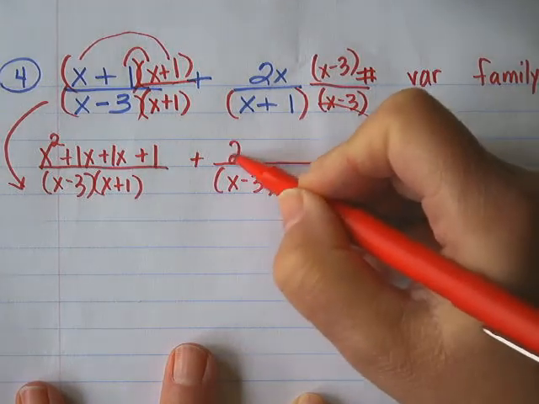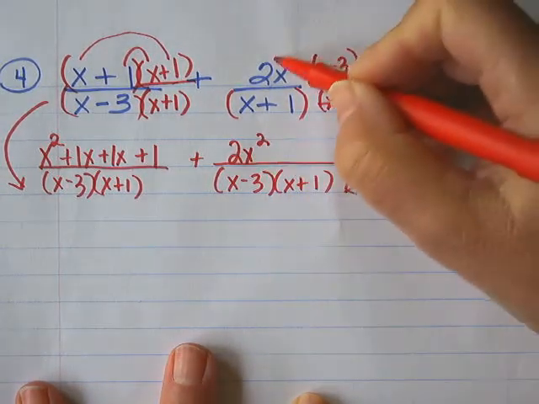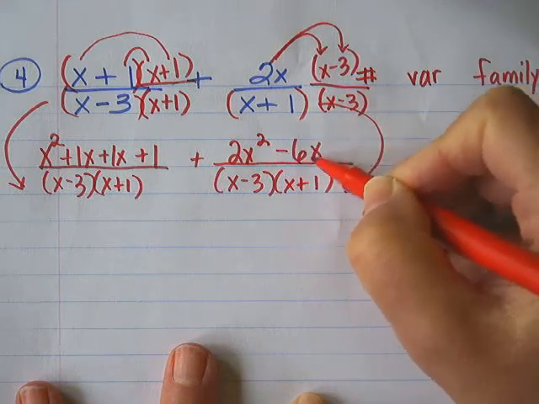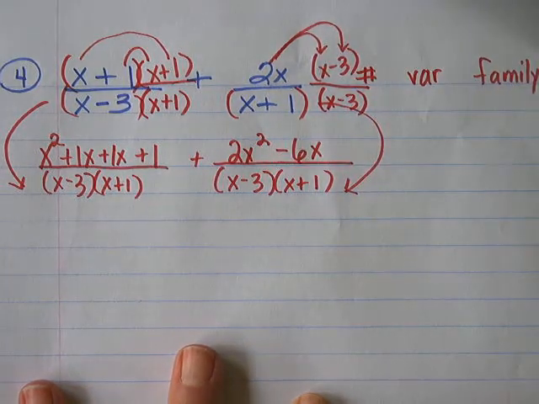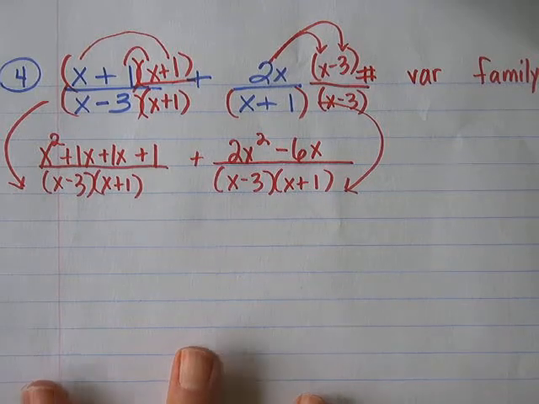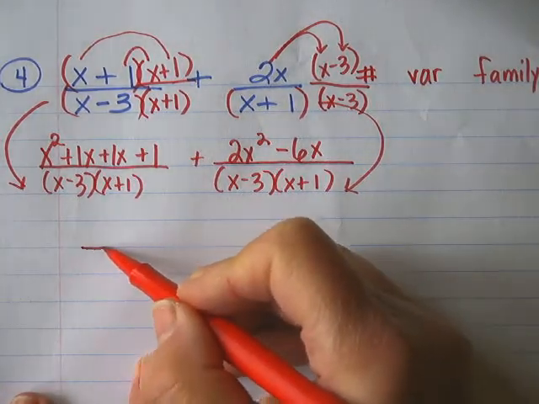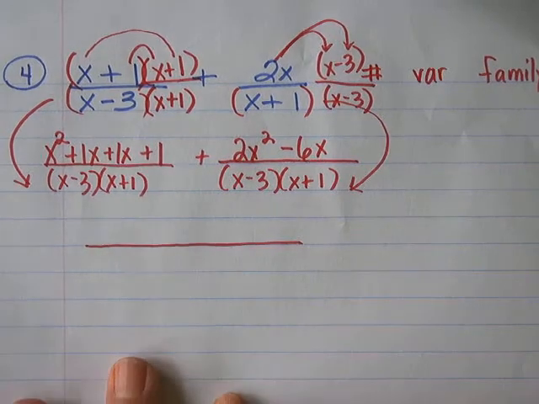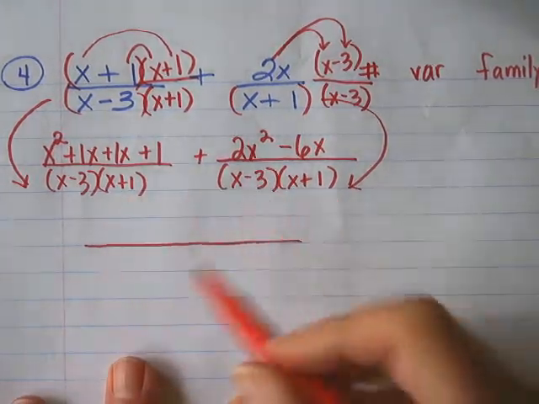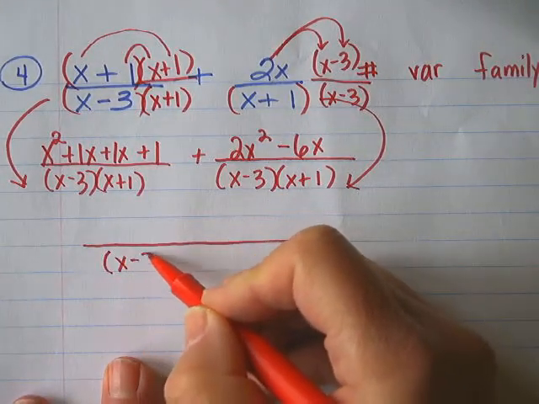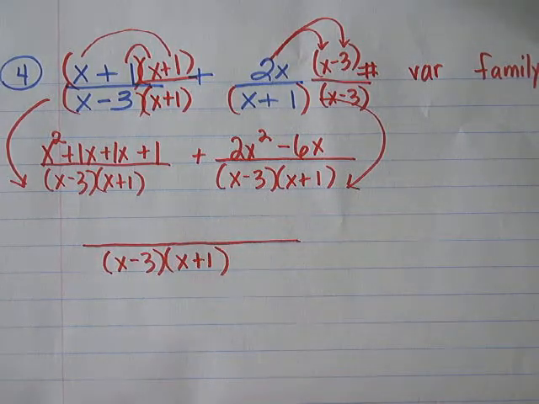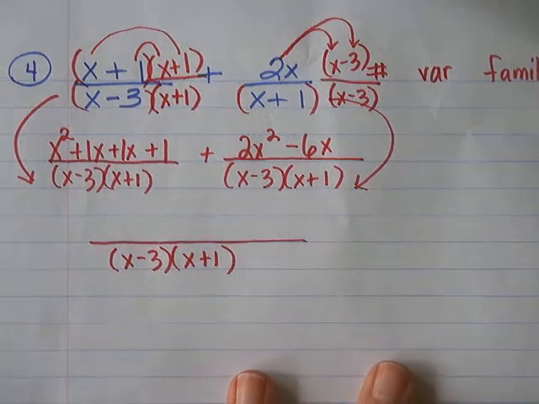And I get 2x squared, if I distribute this, minus 6x. Okay, last step. Maybe. We'll see if we can simplify. Next step, rewrite the same denominator, x minus 3 times x plus 1. And now I'm going to try to combine like terms.